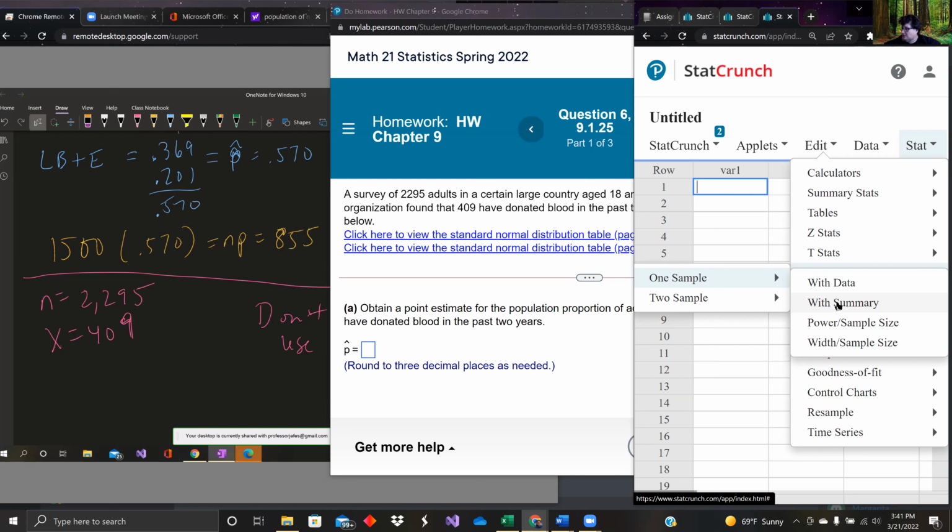What am I doing? P hat is x over n. StatCrunch will give it to us. But you should be able to know how to do this by hand too. At least getting p hat. To 3 decimal places is 0.178.